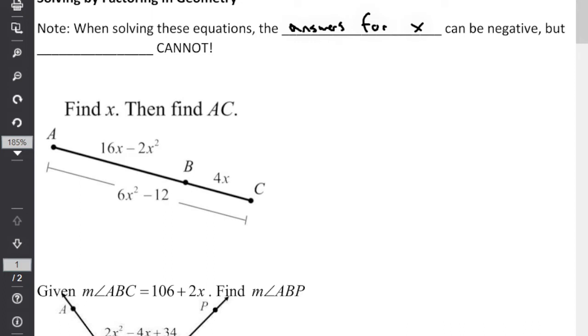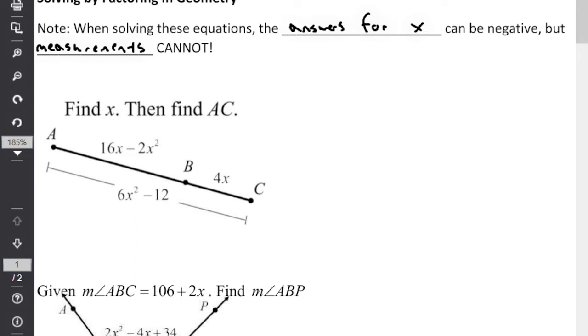What cannot happen is for the measurements to be negative. The measurements being negative is what causes a problem. So if you plug that answer back in for x, which we've done before, and the measurement comes out to be negative, then we have a problem.